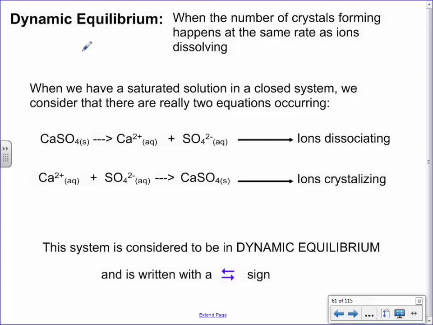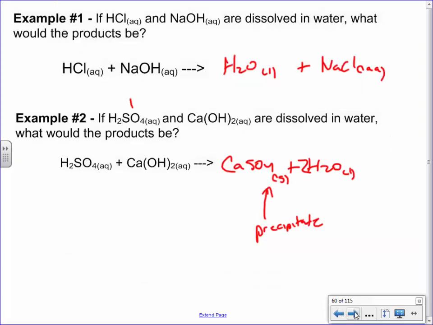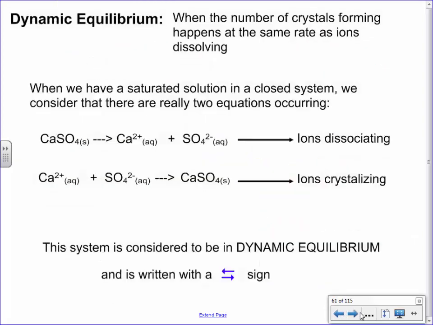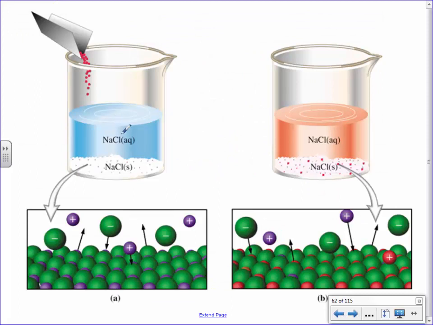But on a macroscopic level, if I were to look at a beaker of solution, I'll use this one here actually. If I were to look at a beaker, let's say that I just kept pouring more and more salt into this water. At some point, it's going to hit its capacity, right? I know sodium chloride has a high capacity. Let's say it's 10 moles per liter. But eventually, if I keep pouring enough in there, it's not going to dissolve. Now, to our naked eyes, you might look at it and say nothing's happening. But that's actually not true.